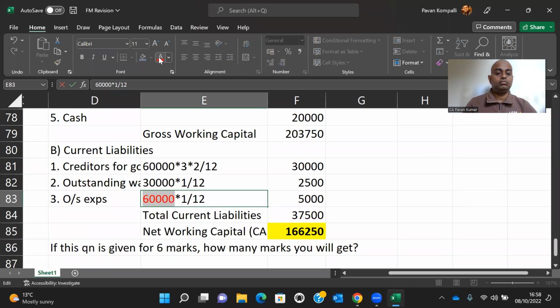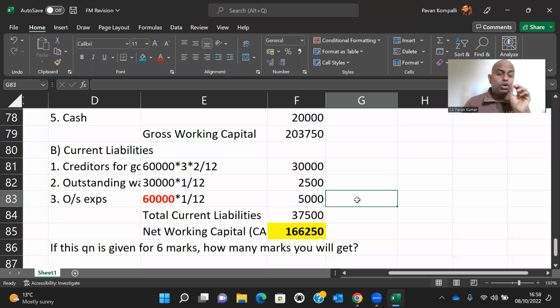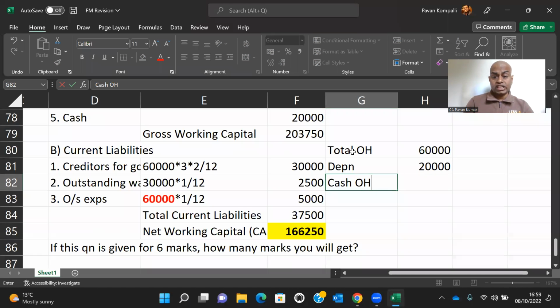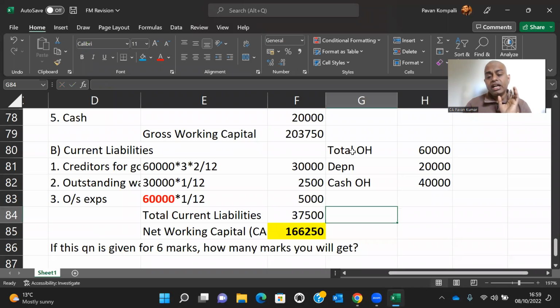But what if, out of this overheads of 60,000, 20,000 is depreciation? Cash expenses, 40,000. While calculating working capital, will you take 60,000 or 40,000?